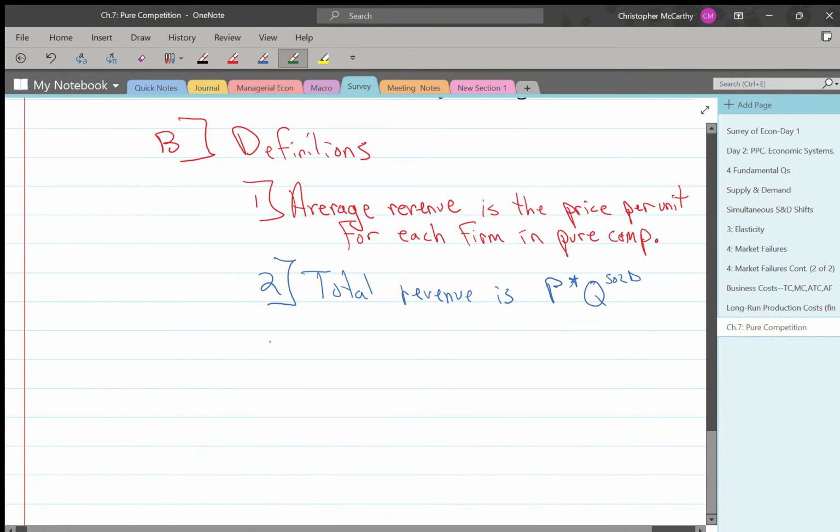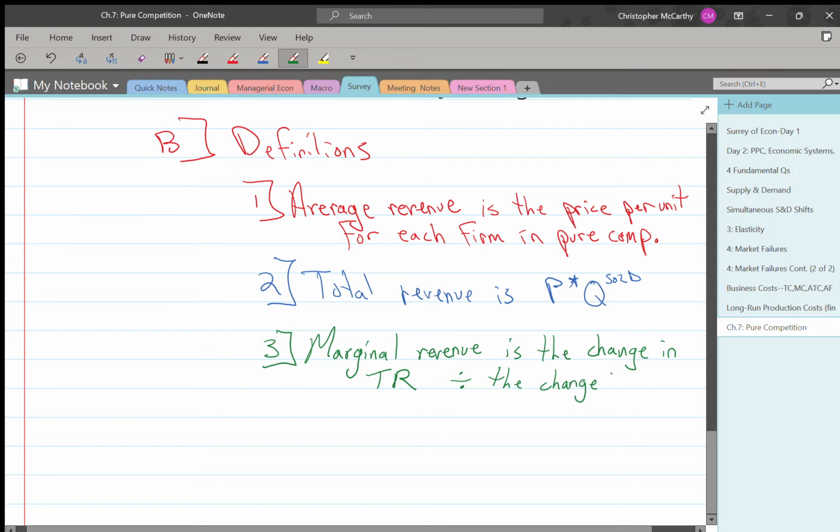And then lastly, this is where we're going to spend a lot of our time, because economics is all about incremental or marginal analysis. So marginal revenue is the change in total revenue divided by the change in quantity.